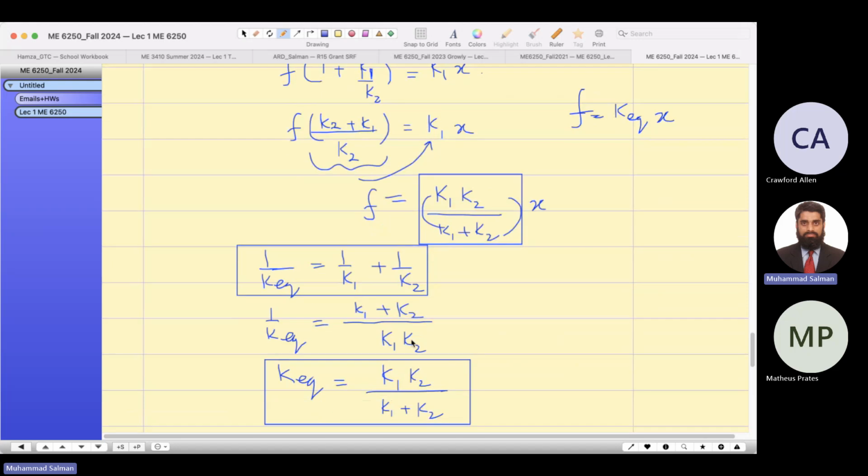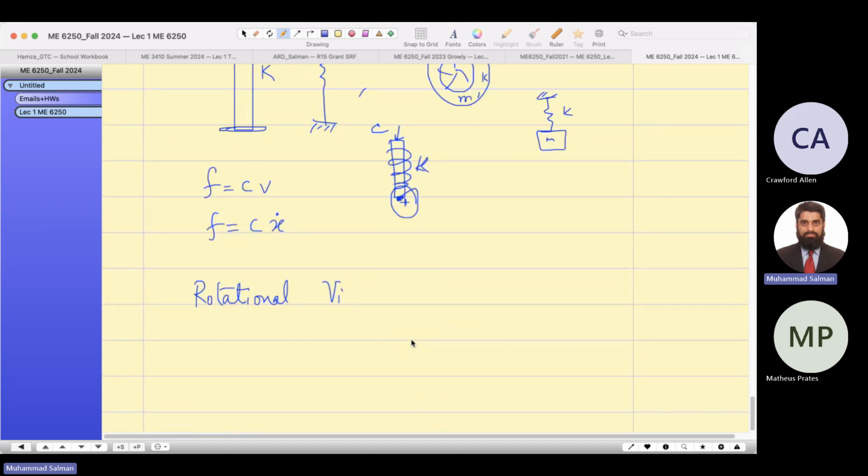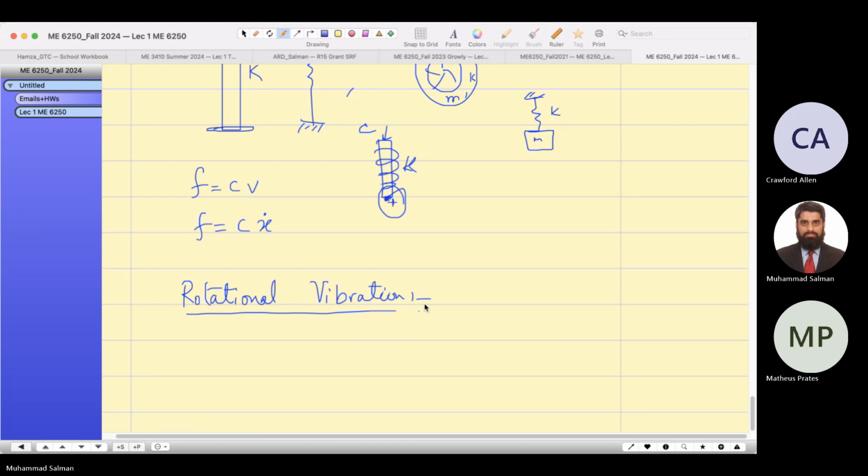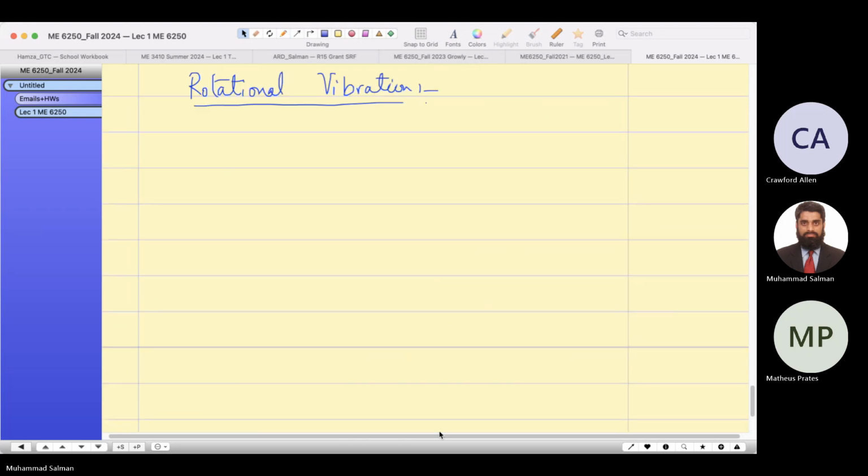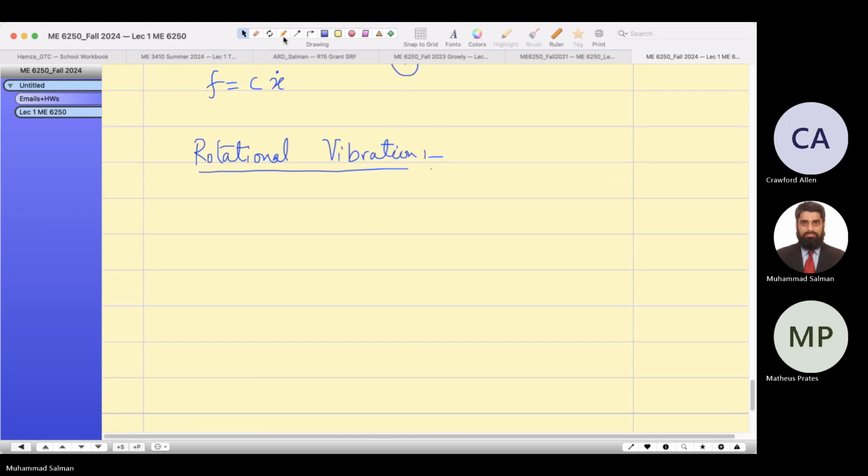How would you show me the torsional deflection? We call this the torsional stiffness.